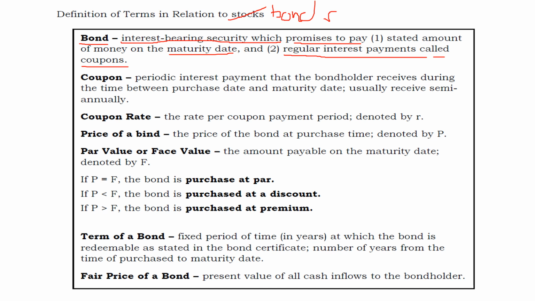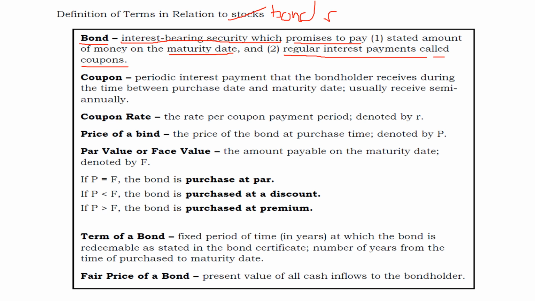Bonds are used by companies, municipalities, states, and sovereign governments to finance projects and operations. Owners of bonds are debt holders or creditors of the issuer. Those are the things we need to take note of about bonds.